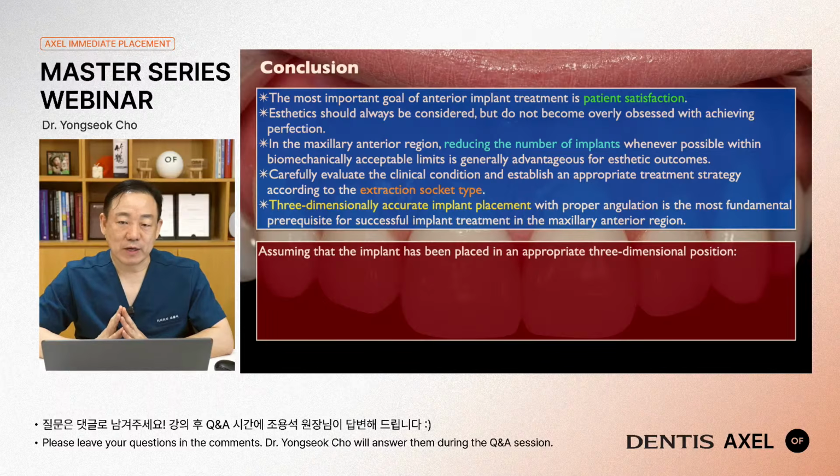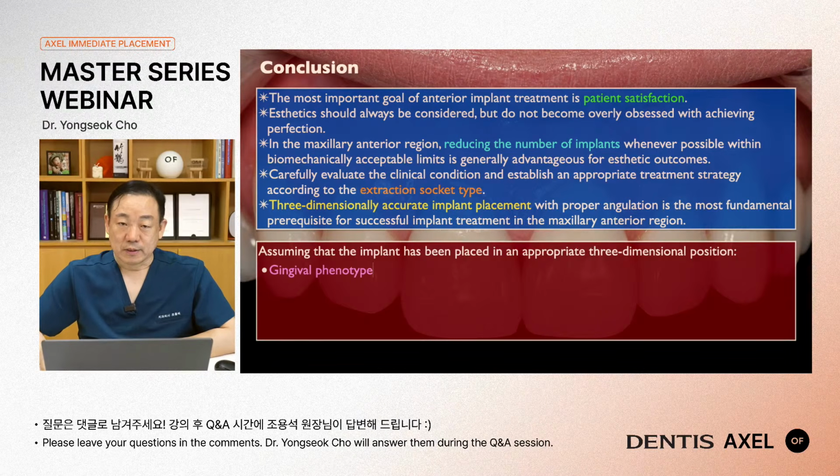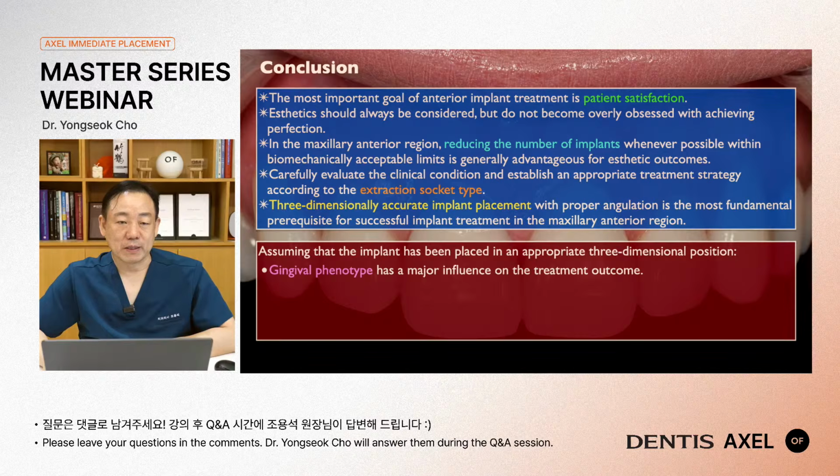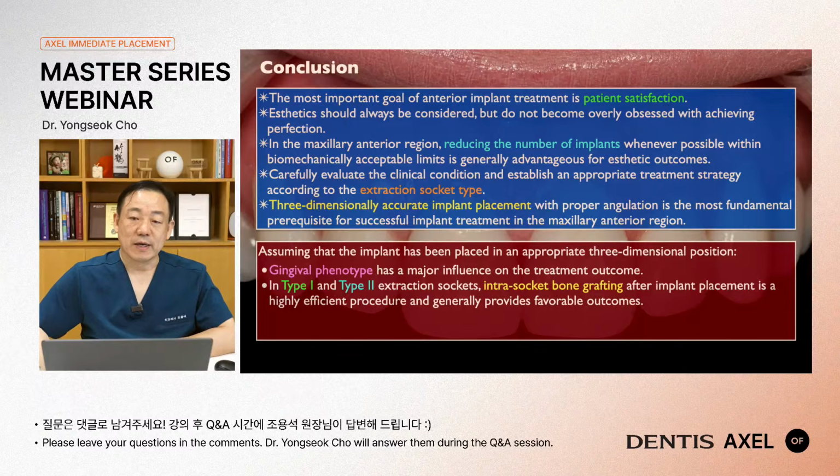Assuming that the implant has been placed in an appropriate three-dimensional position, gingival phenotype has a major influence on the treatment outcome. When the patient has a thick biotype, generally we can obtain an acceptable outcome even with less effort. In type 1 and type 2 extraction socket, intrasocket bone grafting after immediate implant placement is a highly efficient procedure and generally provides a favorable outcome.